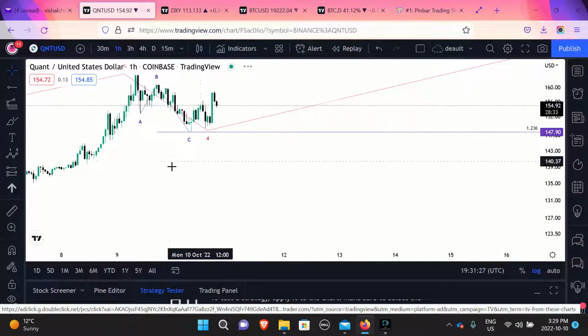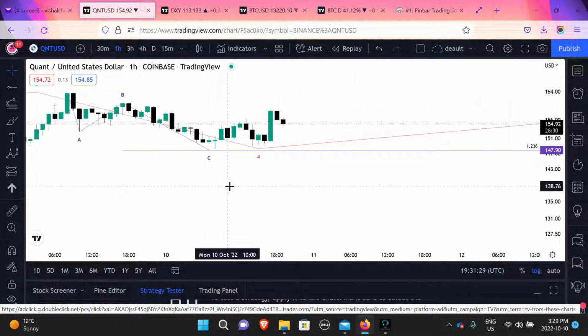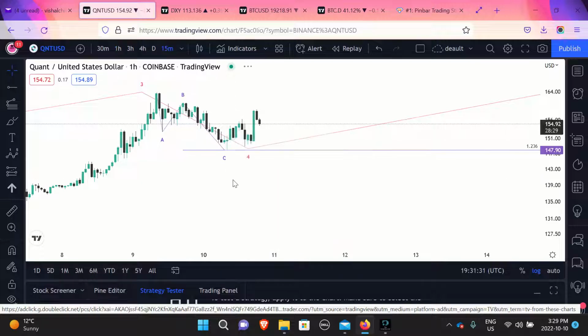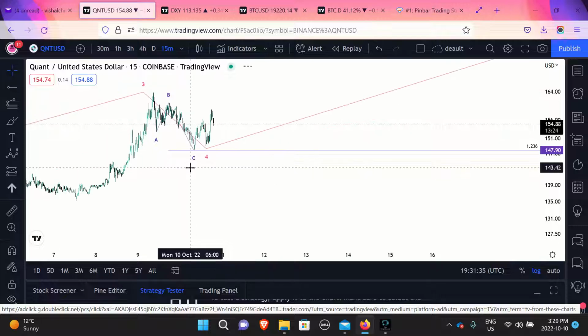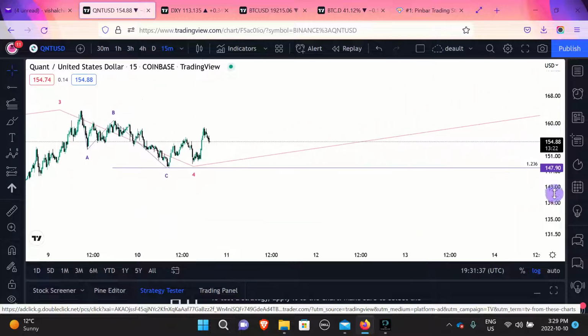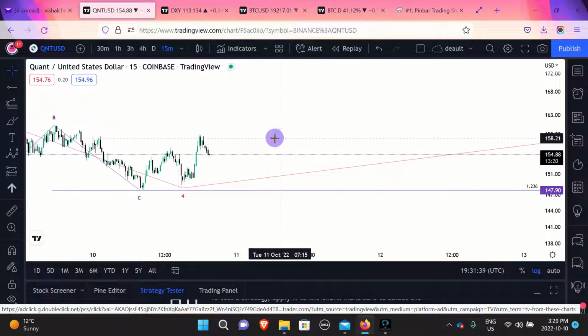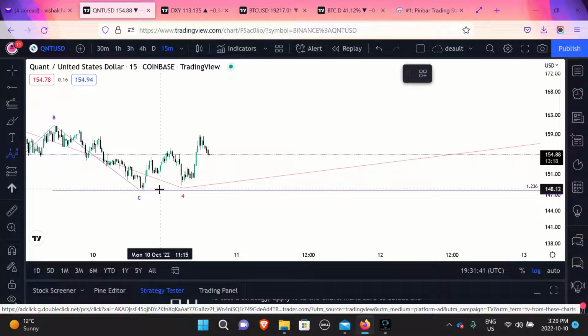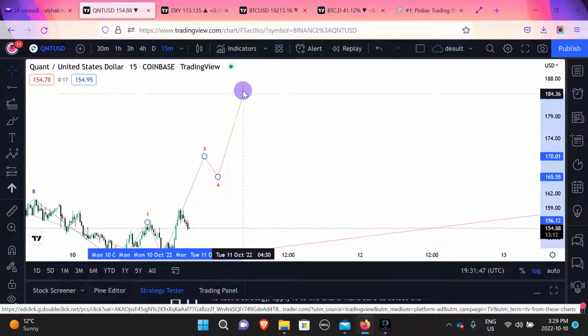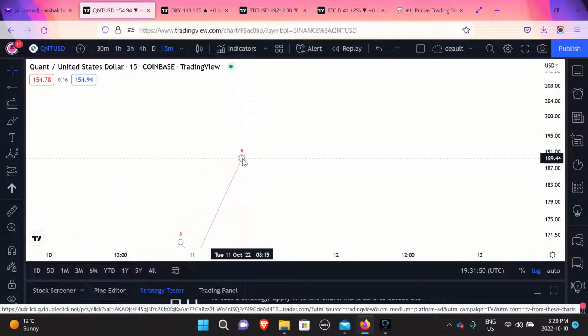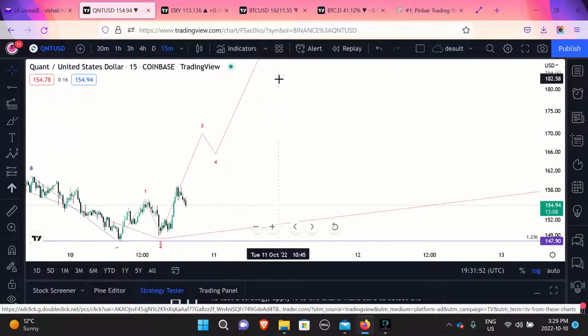Drop down to the 1 hour. So now what are we doing? We finished our A, B, C. Now all we're doing is starting our third leg, our third wave up. So 1, 2, 3, 4, 5, all the way up at about 195.